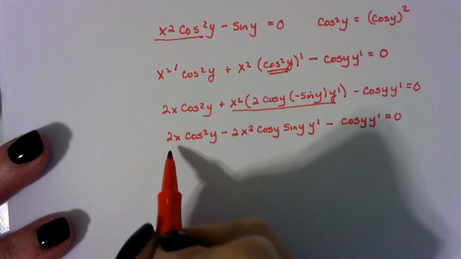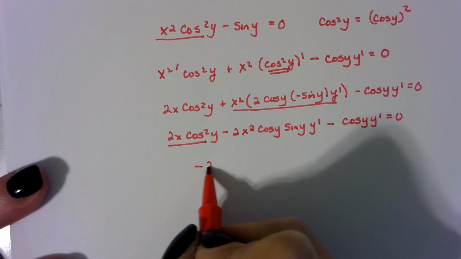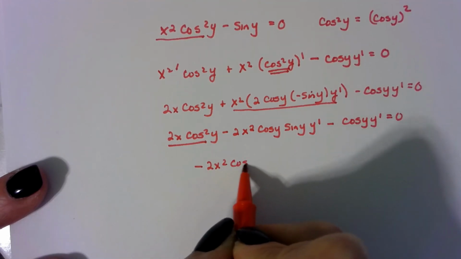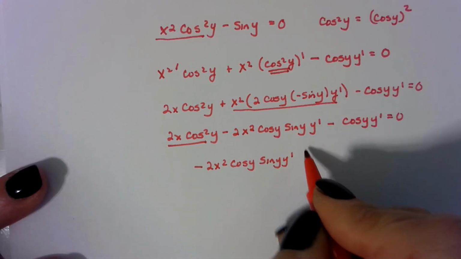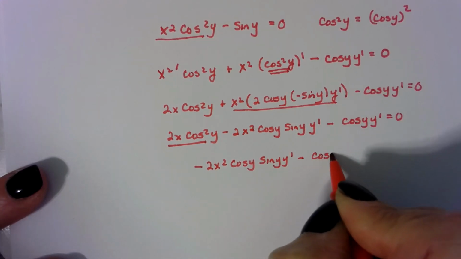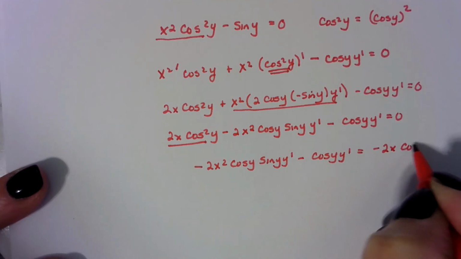And now I can see that I can get rid of this by subtracting both sides. So I've got negative 2x squared cosine y sine of y prime, minus cosine y prime, is equal to negative 2x cos squared y.